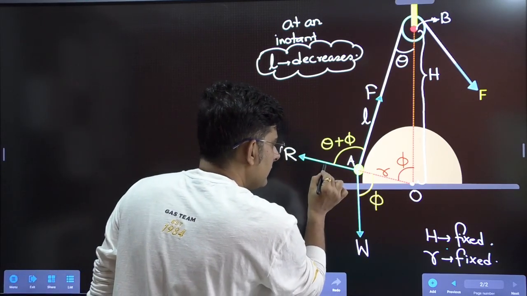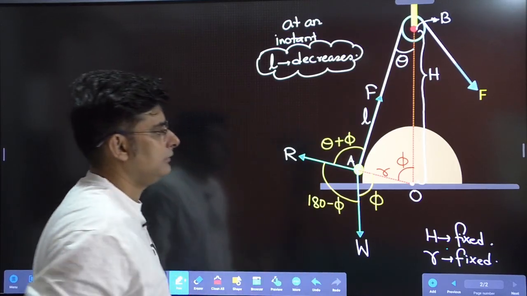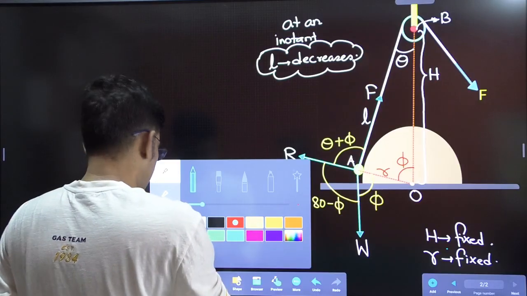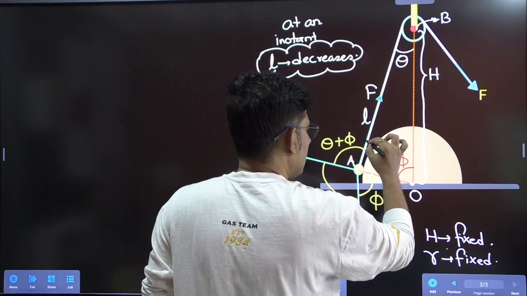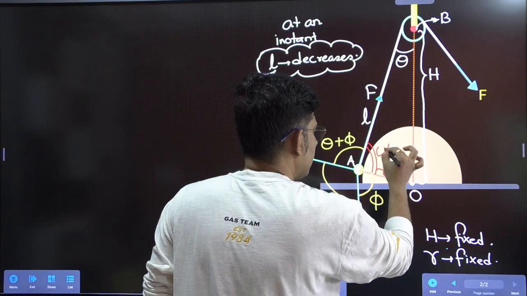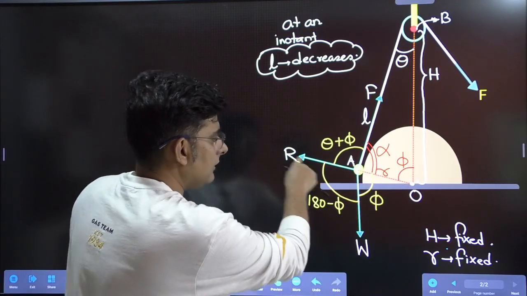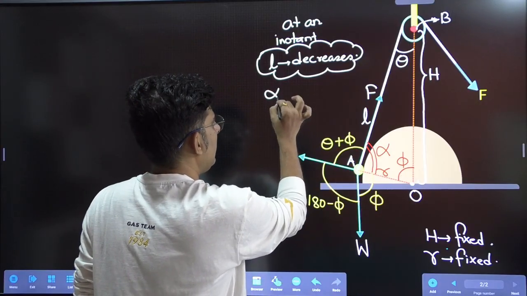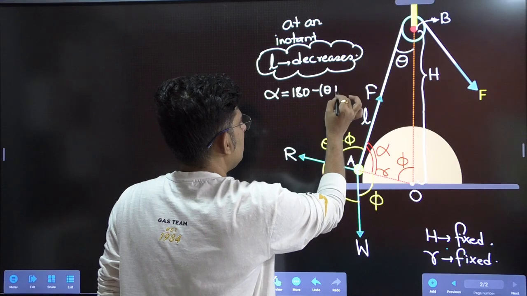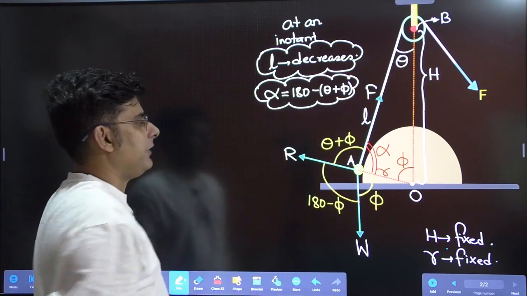If this angle is phi, then this will be 180 minus phi. Clear? And if I name this particular angle alpha, this being a straight line, what is alpha? Alpha is 180 minus (theta plus phi). So these are some important things that we have.